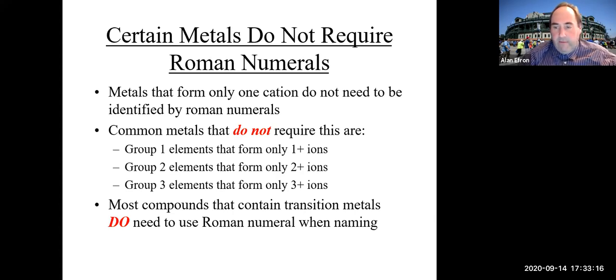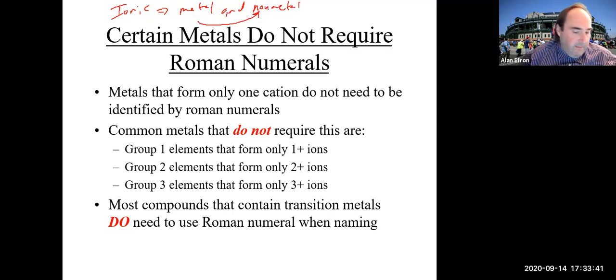When we do have an ionic compound, it is always a metal and a non-metal together. And whenever those two things come together, we always get a transfer of electrons from the metal to the non-metal.